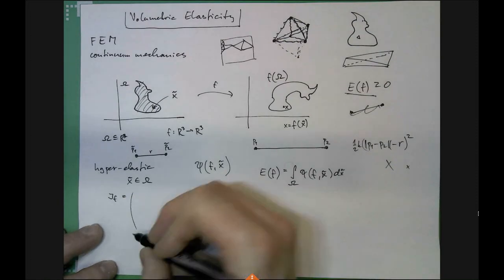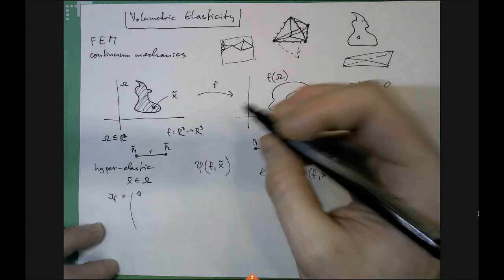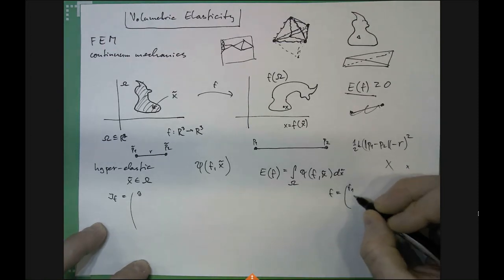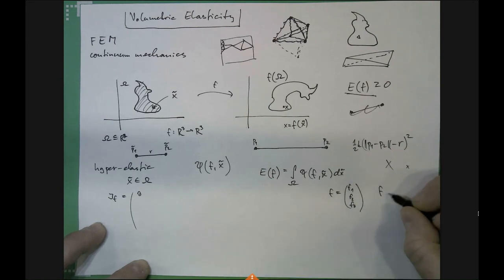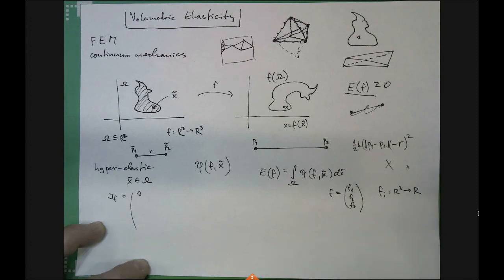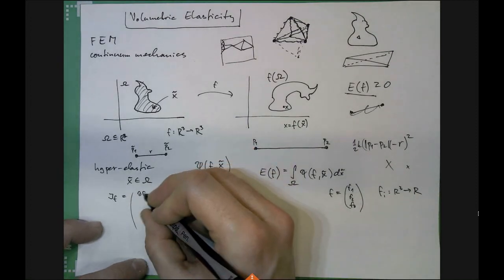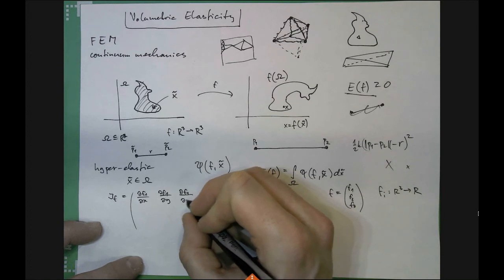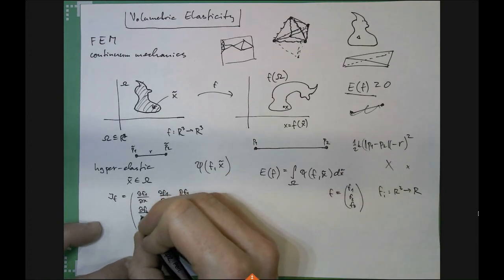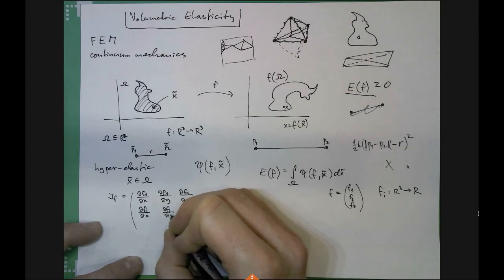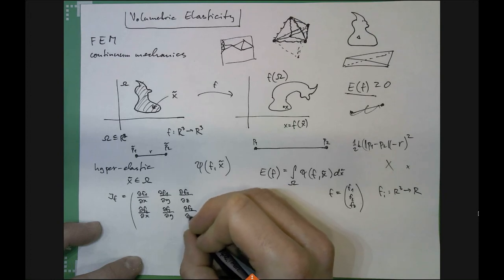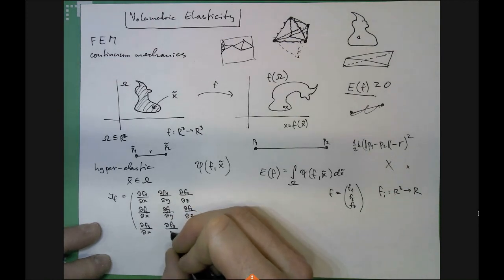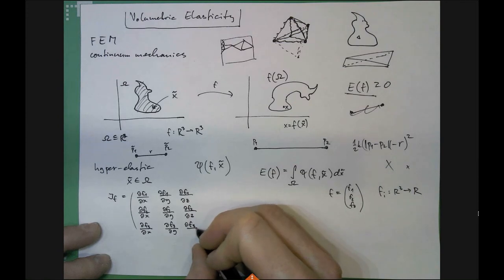You should remember from the first calculus classes, if f is a collection f1, f2, and f3, where all of these fi's are from R3 to R, just split in coordinates, then the Jacobian is just f1 by x, f1 by y, f1 by z, and the same for f2, f2 by x, f2 by y, f2 by z, and here is f3, f3 by x, f3 by y, f3 by z.